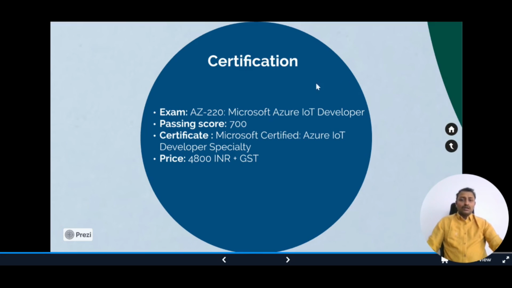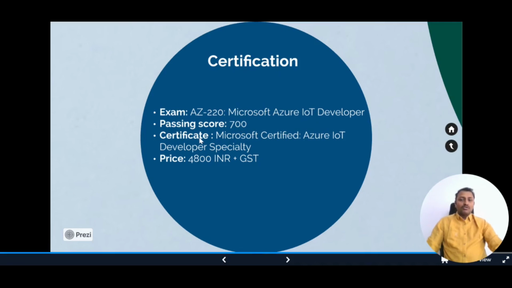In this certification, the exam name is Azure IoT Developer, that is AZ220. If you search for AZ220, you'll get the homepage of this certification. I'll also paste that link in the description so that you can navigate to it. Every exam in Microsoft has a passing score of 700.